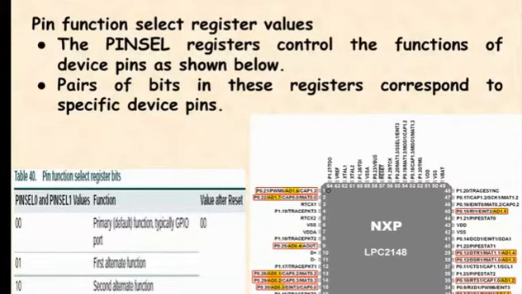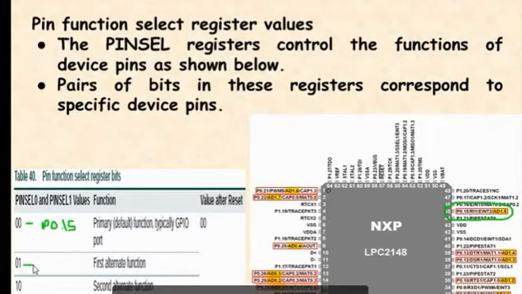We'll take one example of any pin. For example, I will take this pin, P0.15. If it is 0 0, its function is P0.15, a general purpose port pin, the 15th pin of port 0. If it is 0 1, then it is RI, receive interrupt.